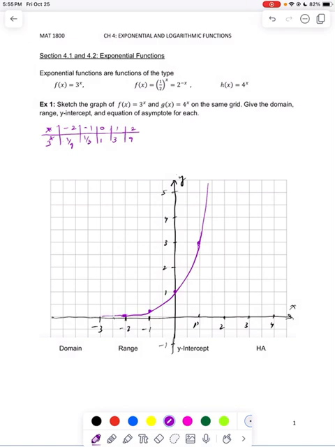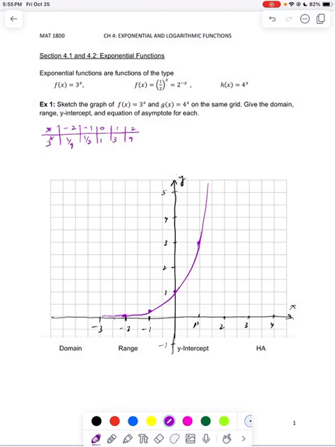Like we did for the square root, for the square root of x, if you have to graph, you should be looking at what points? The 0, 1, and 4.